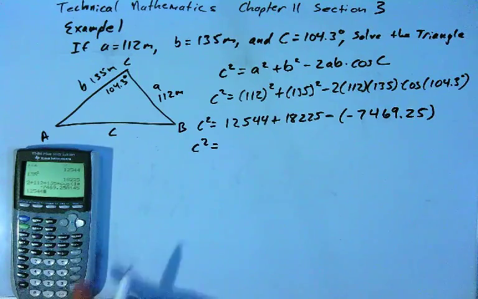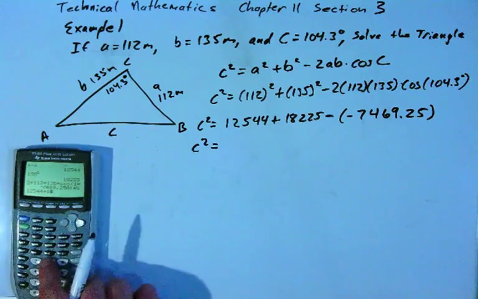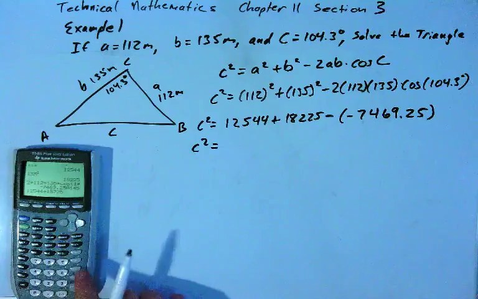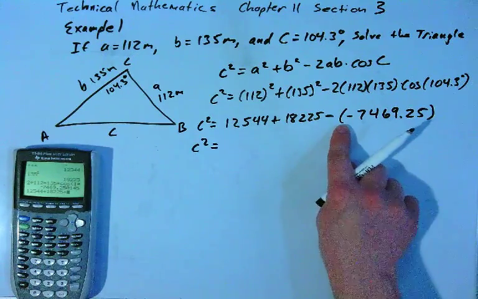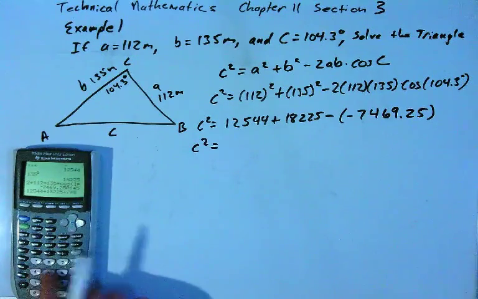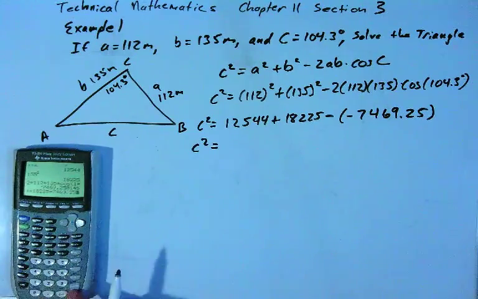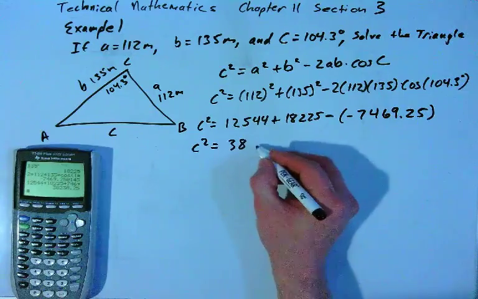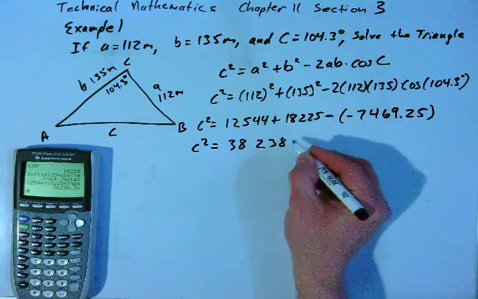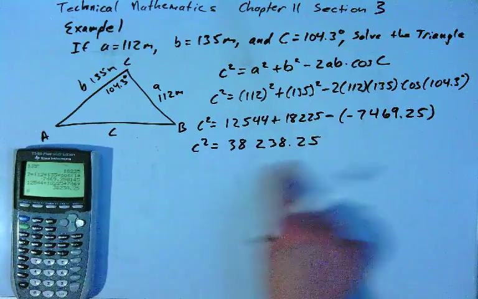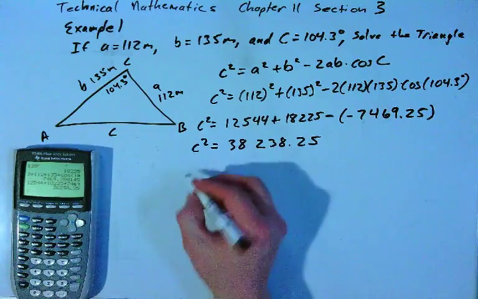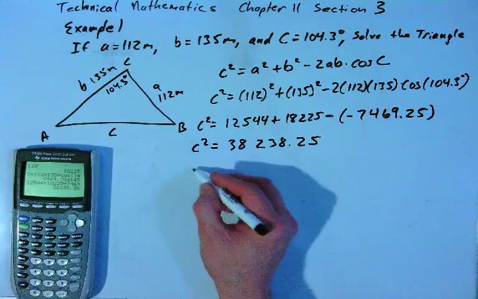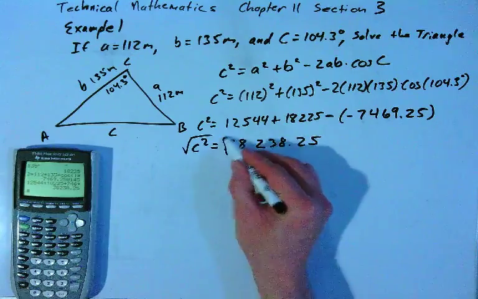I've got 12,544 plus 18,225 plus, because I'm subtracting the negative, 7,469.25. When I add all of these together, I get 38,238.25. Last step is to take the square root of both sides. So the square root of c squared is c.